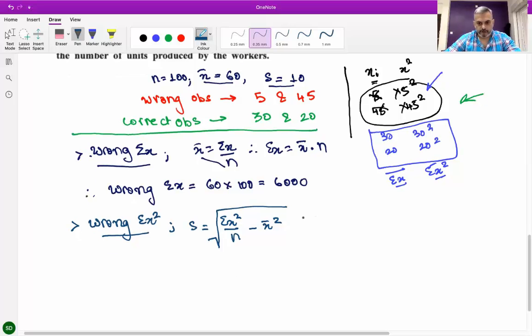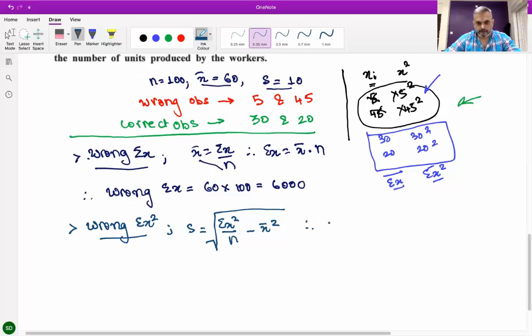So therefore, standard deviation 10 is equal to sigma x square is what we have to find out, n is 100, minus x bar is 60, square of 60, the whole under root. Now in order to remove the under root, I will do square over here.